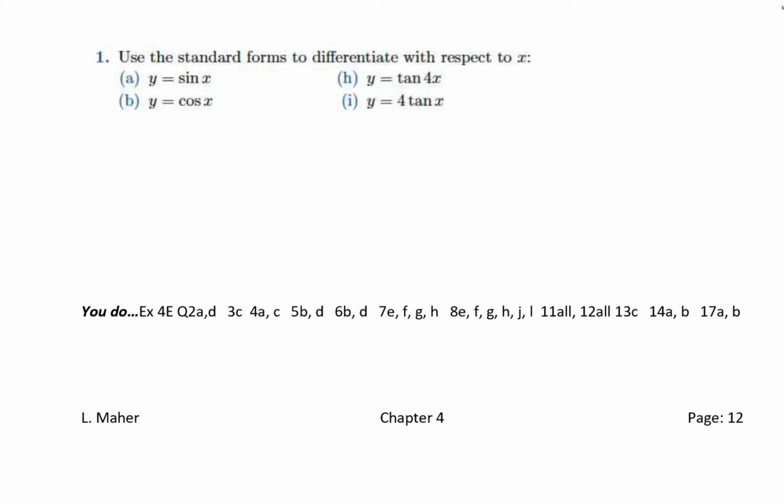And in all of those situations, you have to use the overarching rules for differentiating functions of functions, product of functions, or quotient of functions. Okay, so let's have a look. In A, we're differentiating sine of x, couldn't get much easier than that.